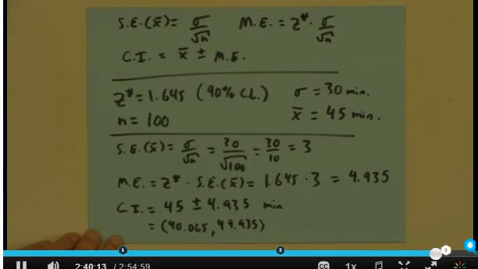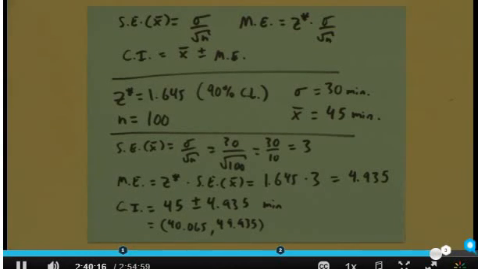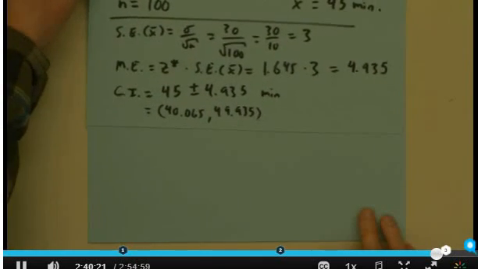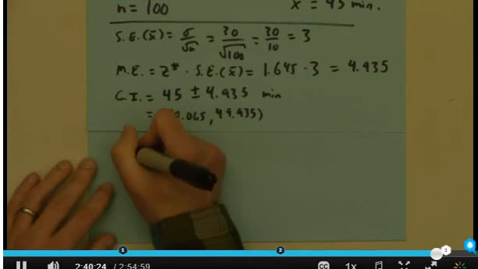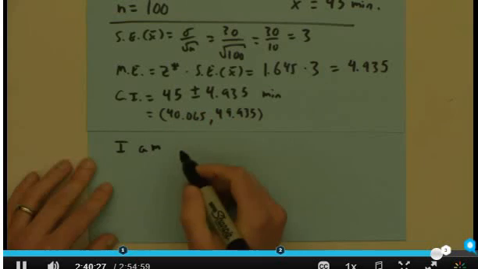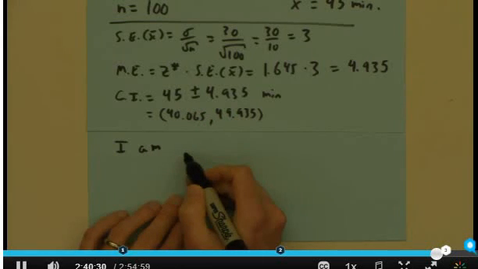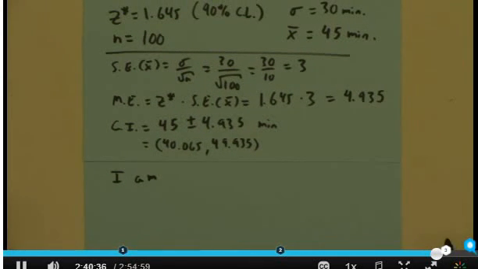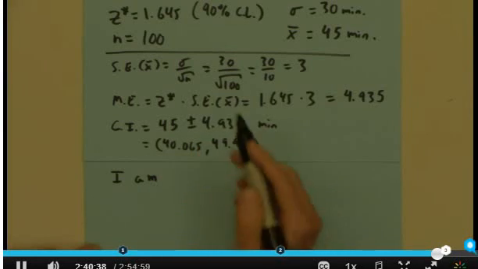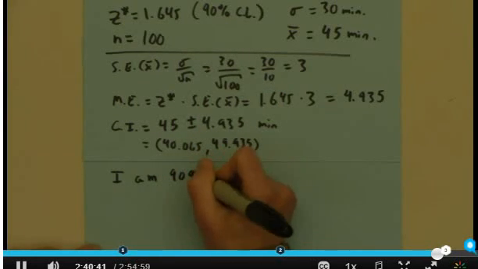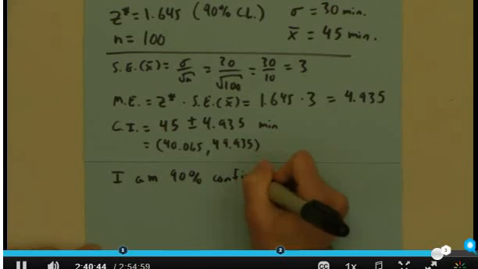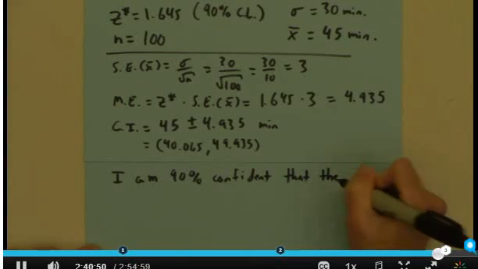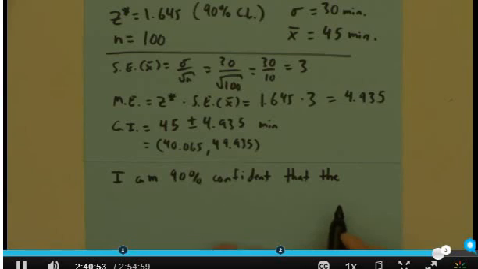How do I state this in words? How do I state the interpretation of this confidence interval? I am how confident? 90% confidence level, so 90% confident that the, here's where I have to think about what it is we're trying to estimate.